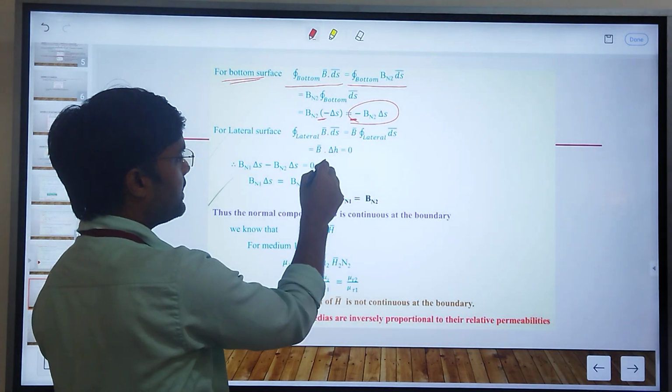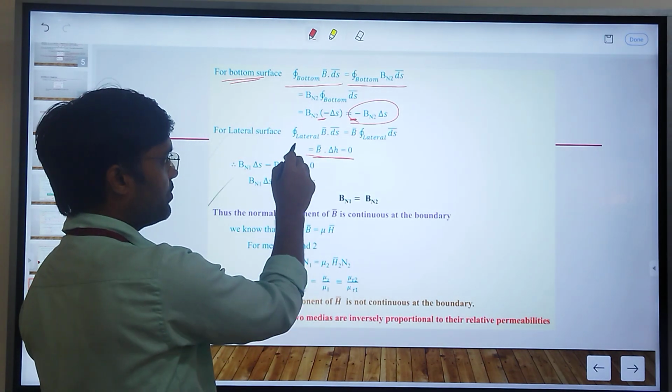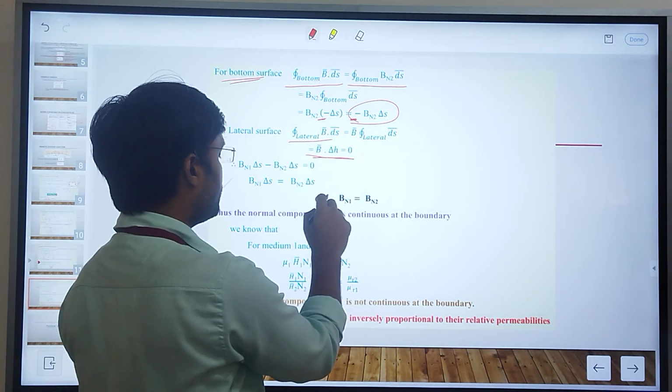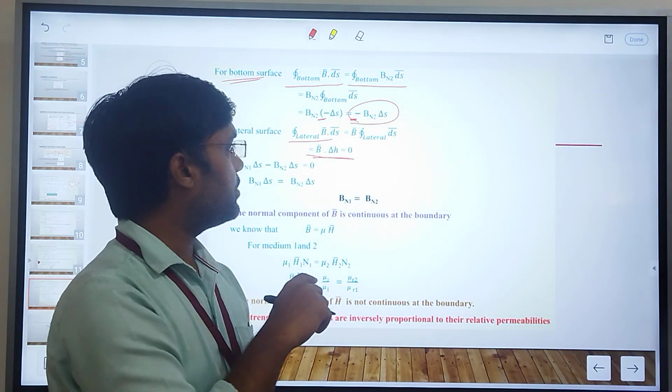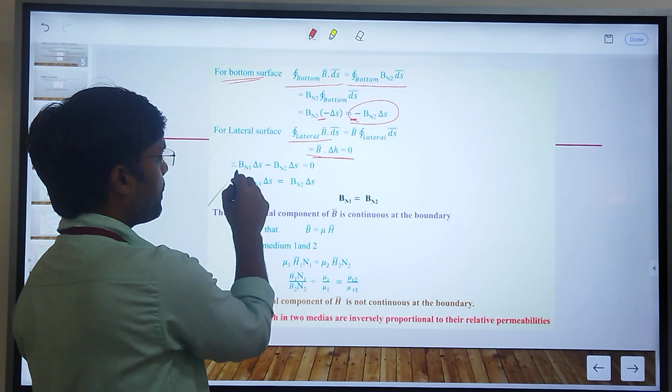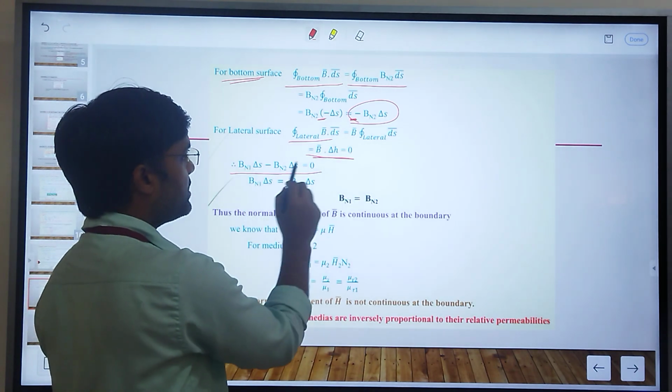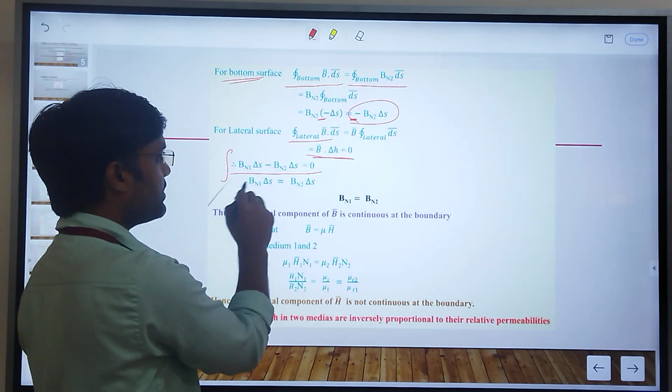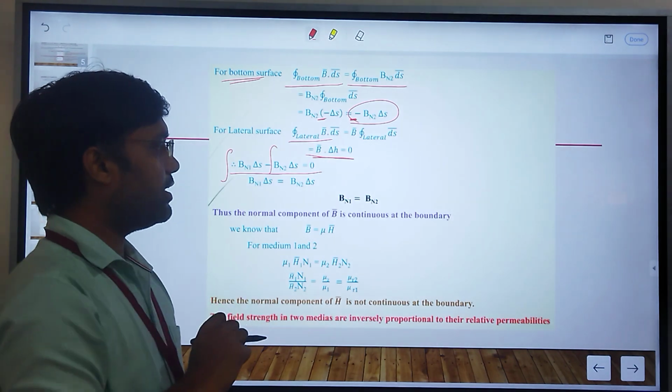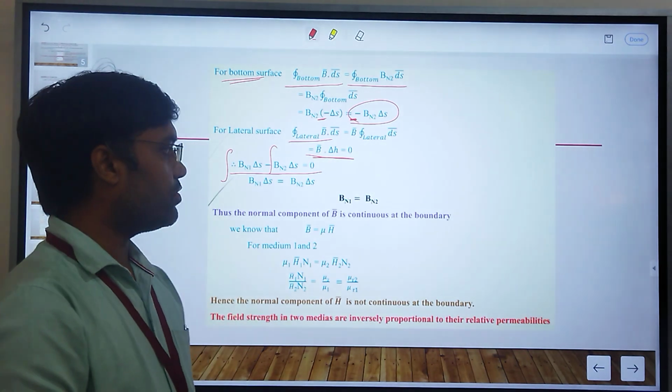At lateral surface B dot dS equal to 0. There is no flux at the lateral surface. So we can write here B dot dS equal to 0. This is the entering flux and this is the leaving flux. One is positive, one is negative, which is equal to 0.